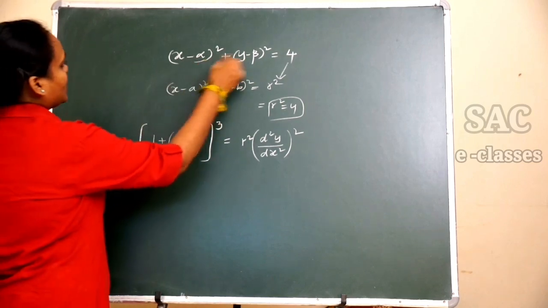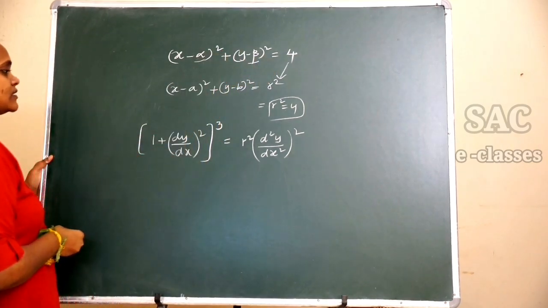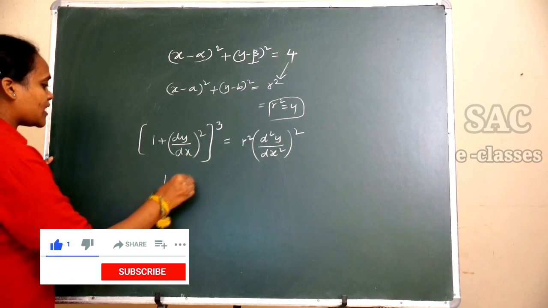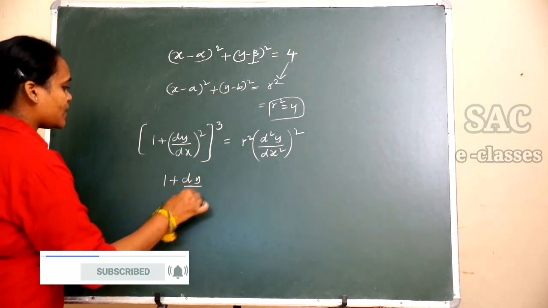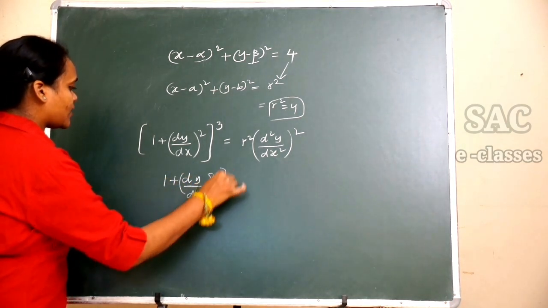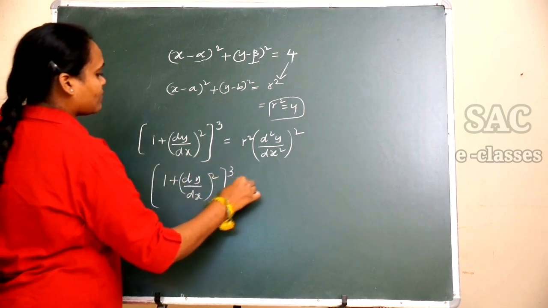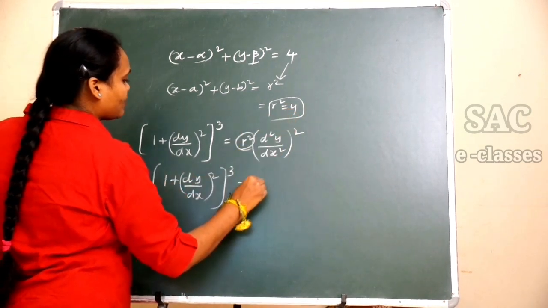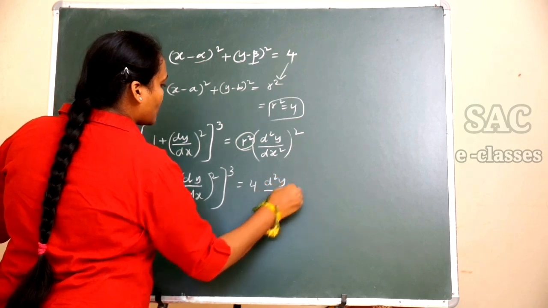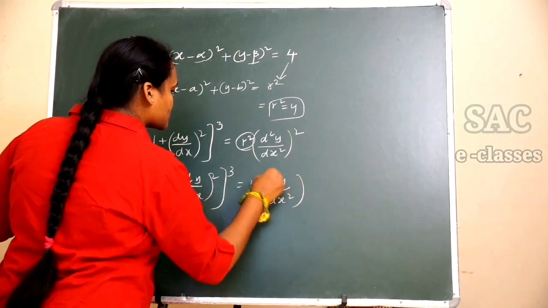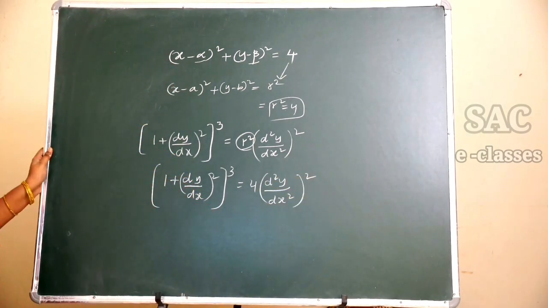Now in place of a and b there are alpha and beta. So why can't we make it as (1 plus (dy by dx) whole square) whole to the power of 3 equal to r square, meaning here 4, into (d square y by dx square) whole square. That's it. We got the result.